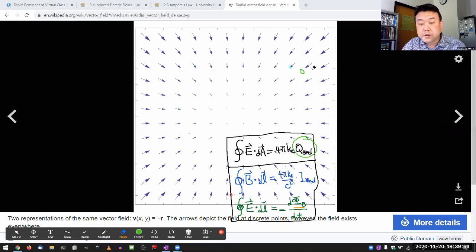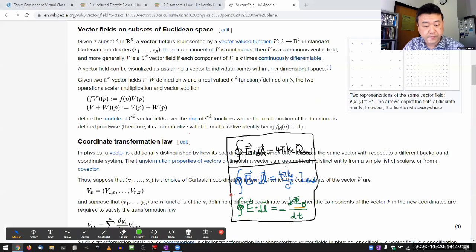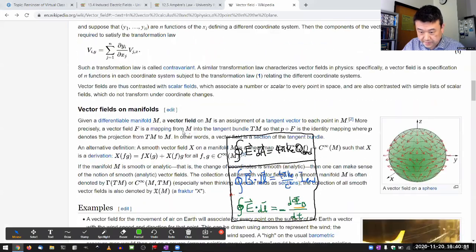Now, what we talk about in Faraday's law, and technically what we did talk about in Ampere's law, is another type of vector field that looks very different from what you see with Gauss's law, the static electric field. And it looks like this.